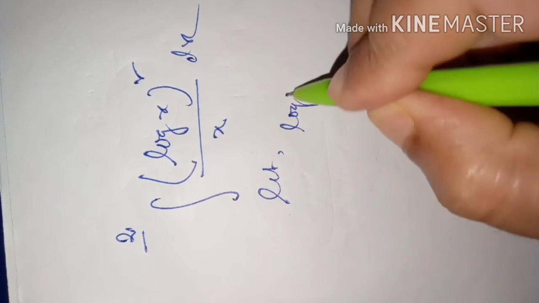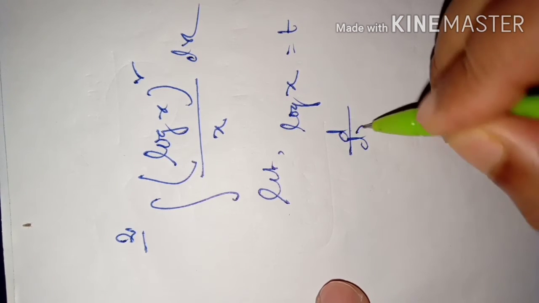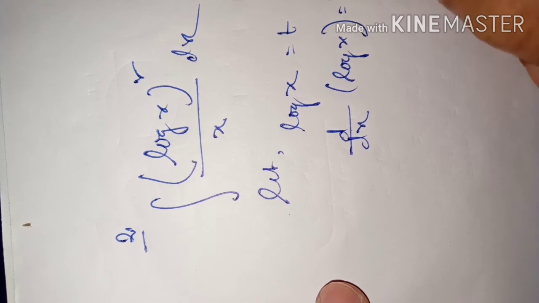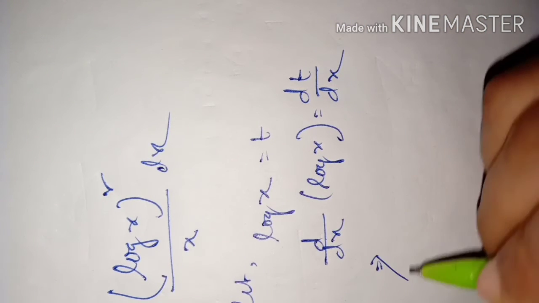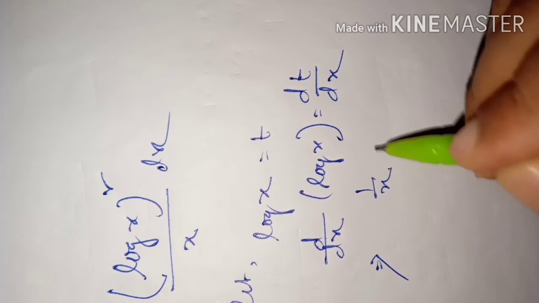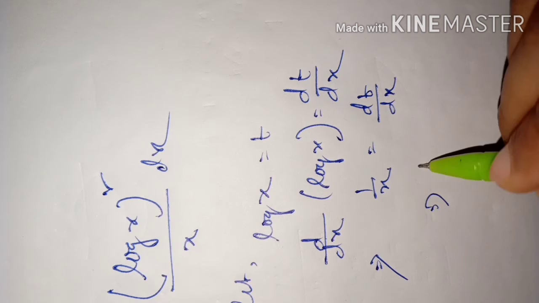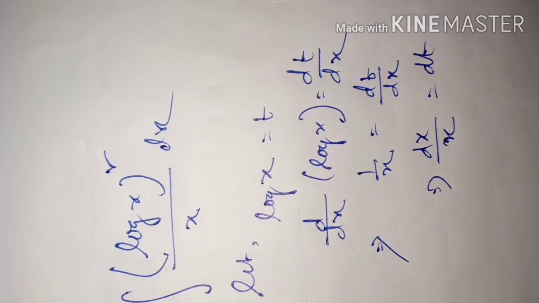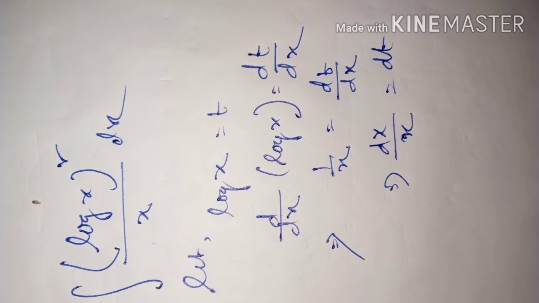So if we consider log x as t, then d by dx of log x is equal to dt by dx, taking the derivative of both sides with respect to x. It will be 1 by x, and this will be dt by dx. So now you see, dx by x is equal to dt. Now dx by x can be substituted by dt and log x by t.